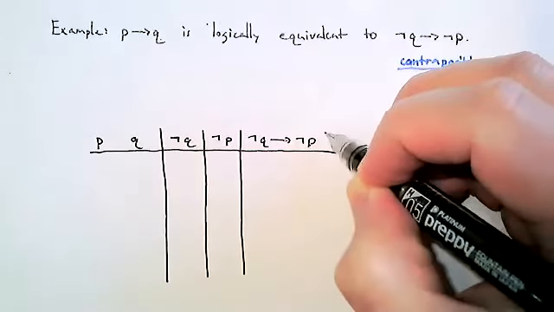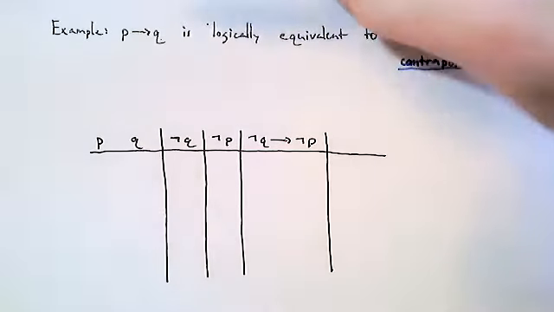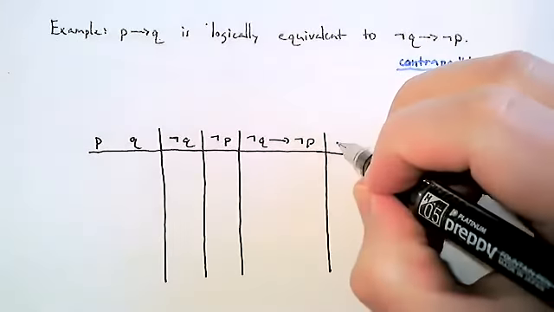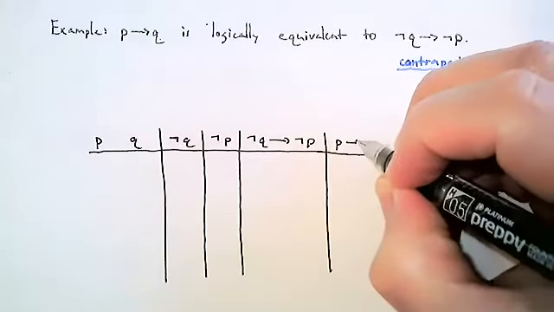And then my last column will be for the regular old conditional, if P, then Q.